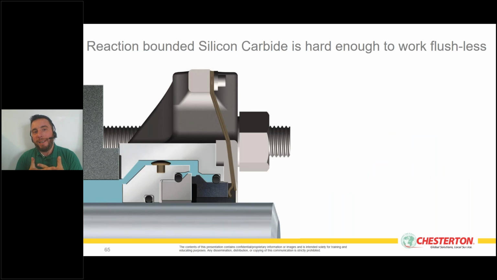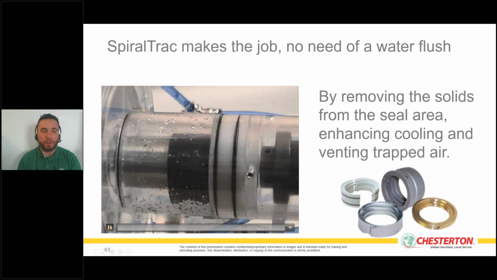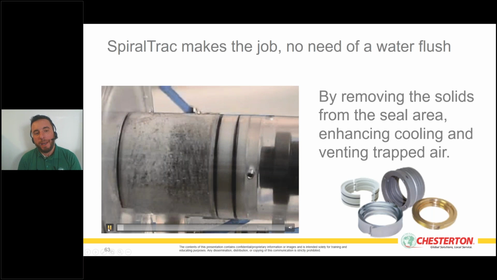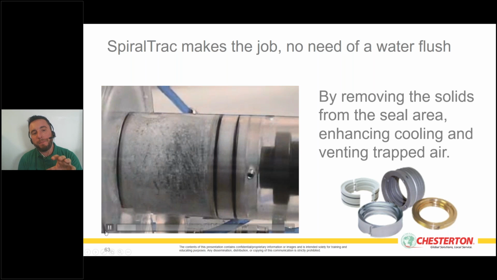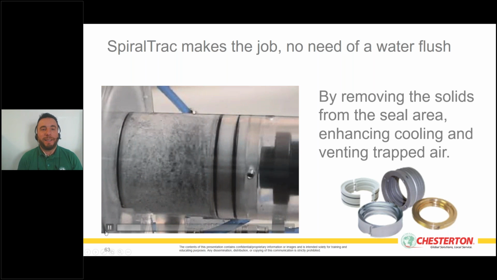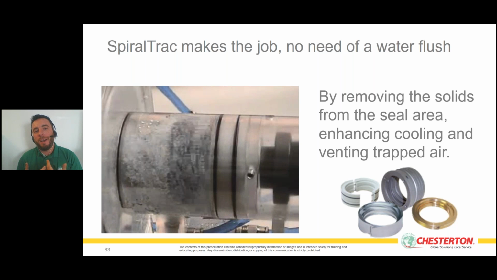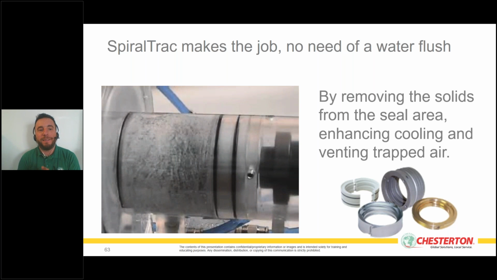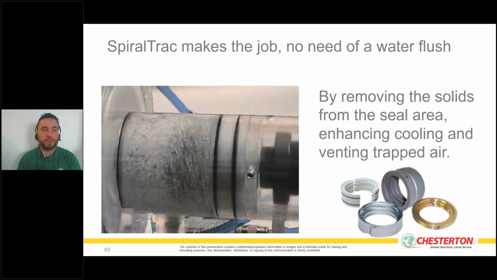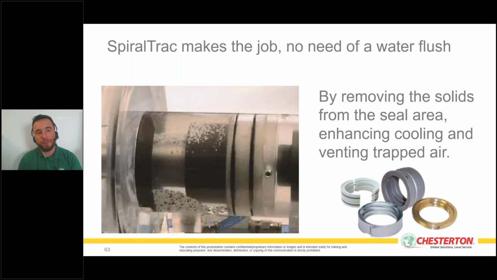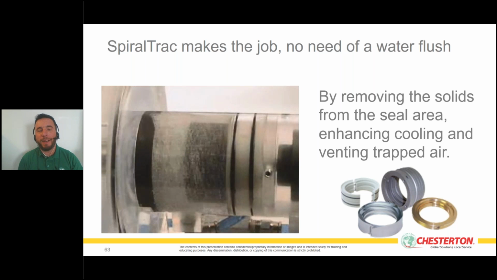The spiral track function is to remove the solids from the stuffing box. What we see here in the video is a plexiglass pump with solids, and that's the situation without the spiral track, a situation where the solids are harmful for the sealing system. Now, if we put a spiral track in the bottom of the stuffing box, you can see that black device.